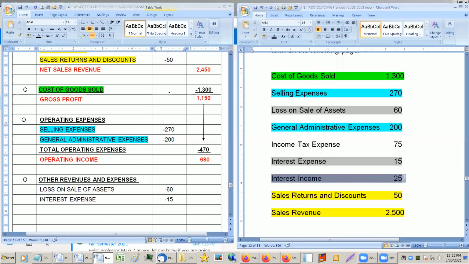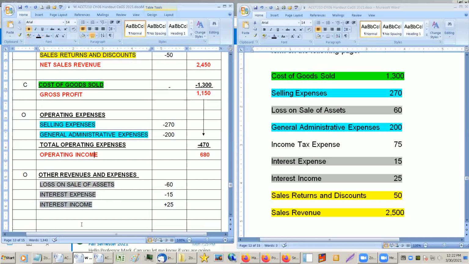For instance, if they pay us some interest on our bank account, that would be a plus. So this would be total.